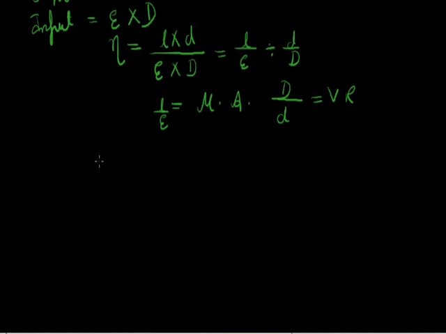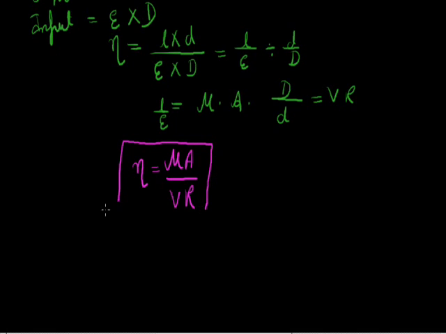So on substituting these two values, we get that efficiency eta is equal to the ratio of mechanical advantage by velocity ratio. So this equation represents the relation between the three terms which are related to machine.